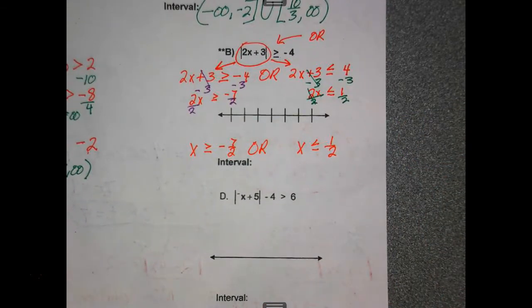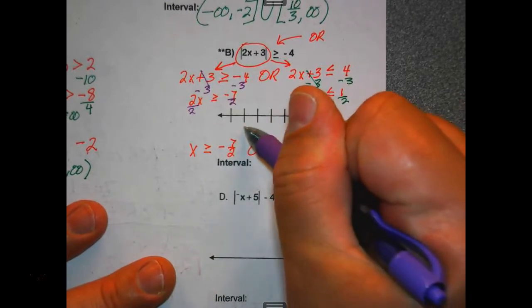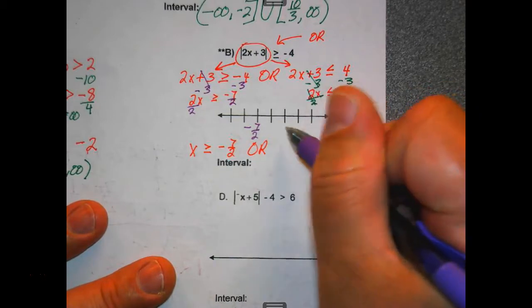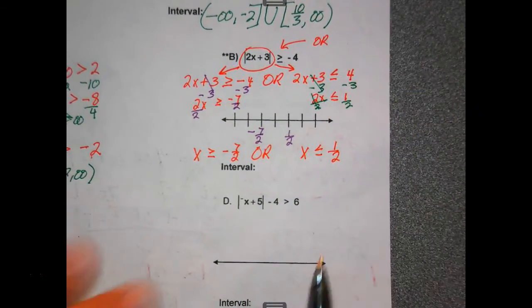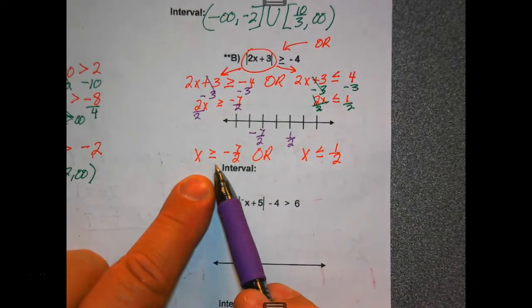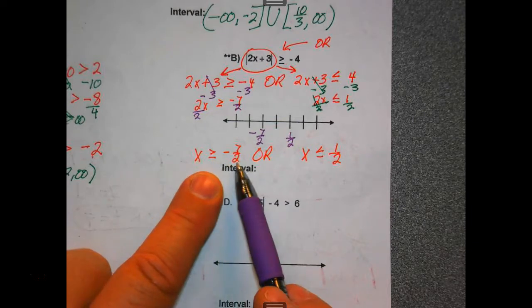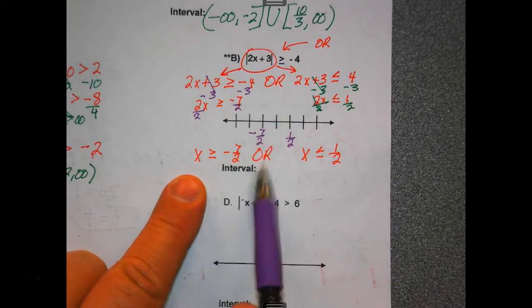Go ahead and plot these. -7/2 is a small number. Positive 1/2 is a bigger number. Okay. Let's see. I want all of those numbers greater than or equal to -7/2. In other words, I'm going to shade to the right. There you go.